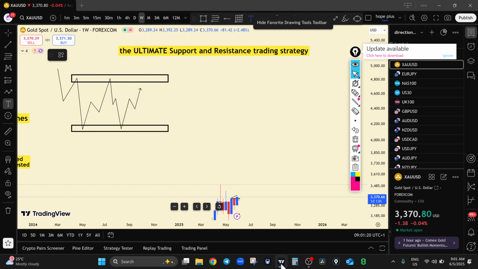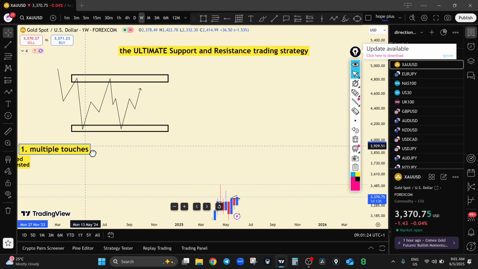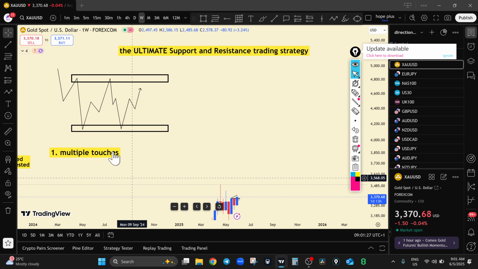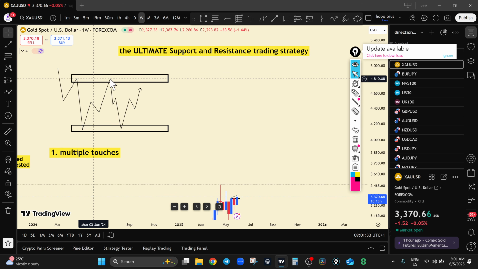One of them is that the support and resistance must have multiple touches. This is a fallacy on its own, because when a level is touched so many times and you're about to take a trade just because it's a level of support, that simply means that level is a weak area for you to start looking for trades.